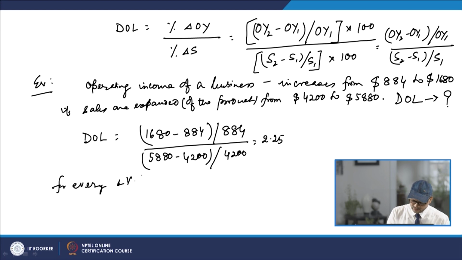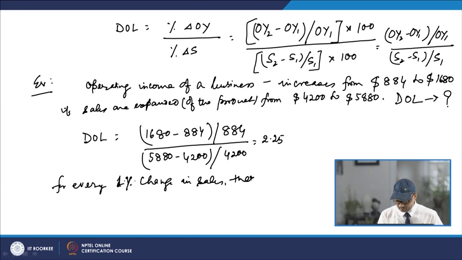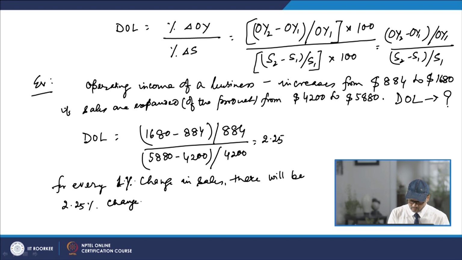For every 1% change in sales, there will be a 2.25% change in operating income.